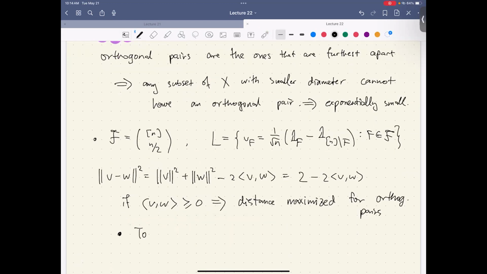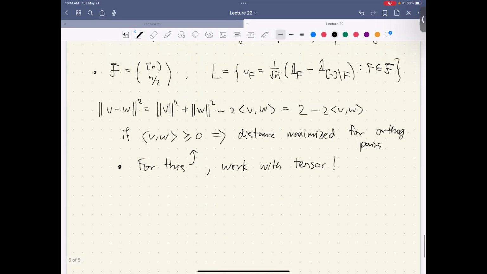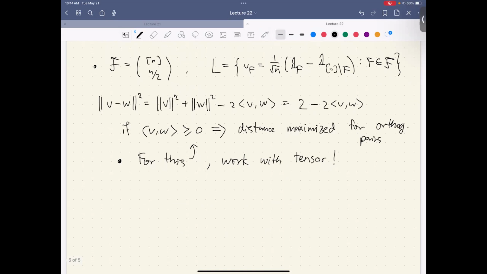To this end, we work with tensors. Okay, so let's write down what I mean. For a vector v, let's recall, what's this tensor?